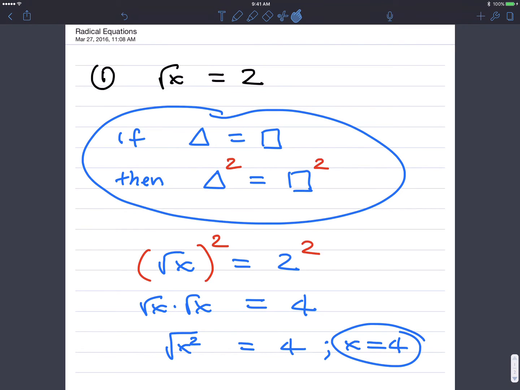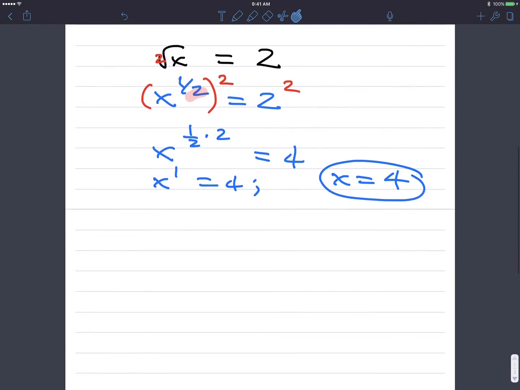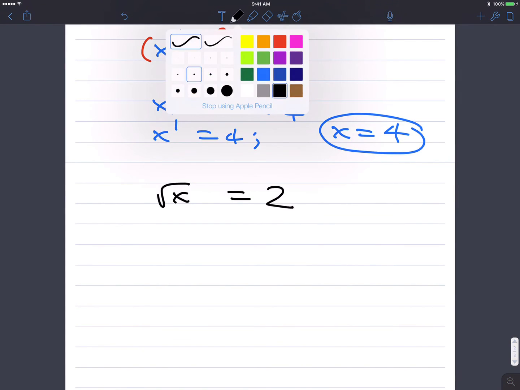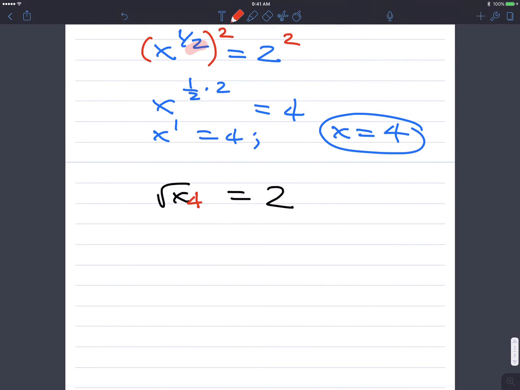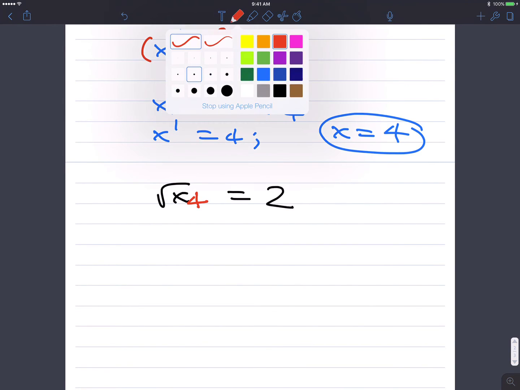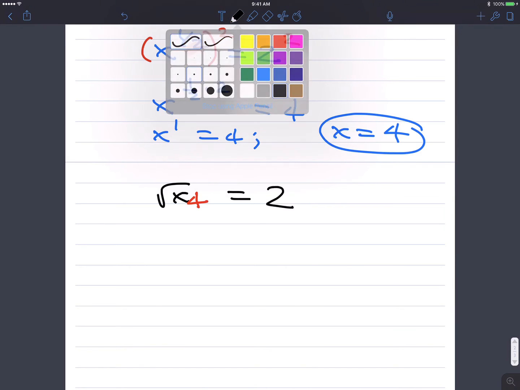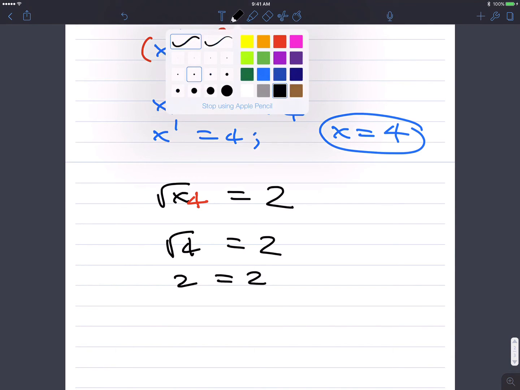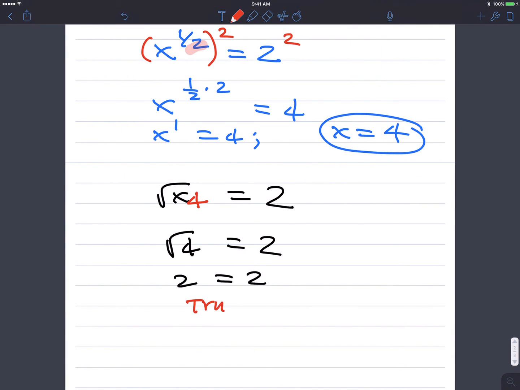Now, let's notice something here. We have the square root of x is 2. Remember, what does it mean to be a solution? Go back and plug in the value for x being 4. We get the square root of 4 is 2, which is a true statement.